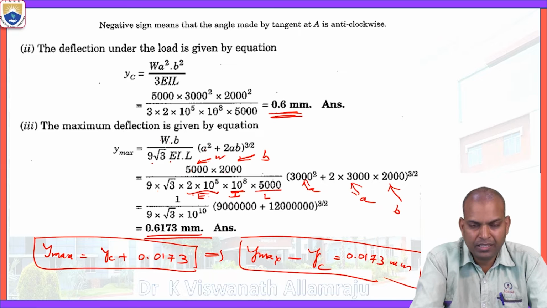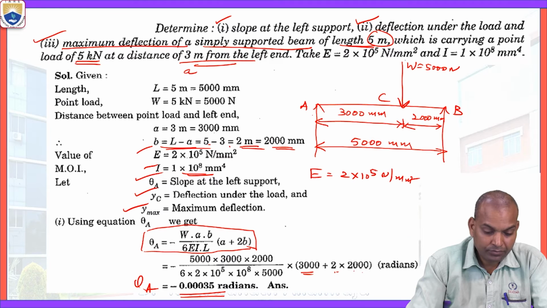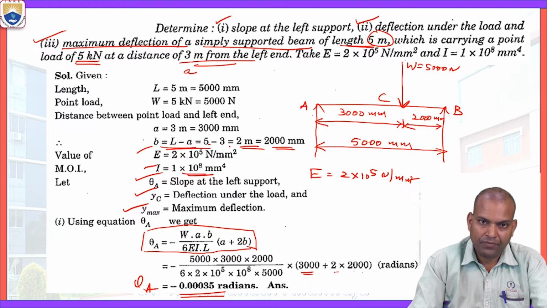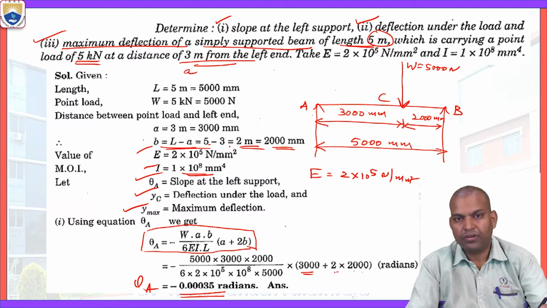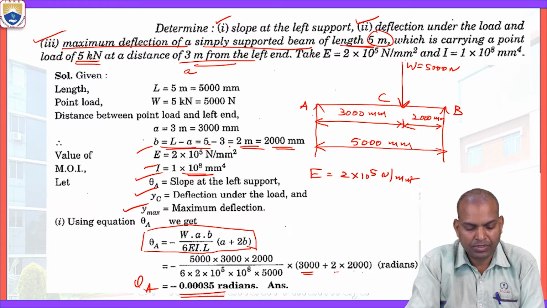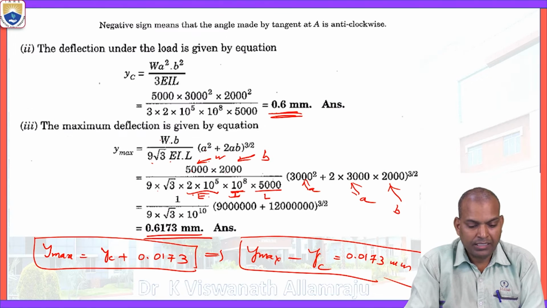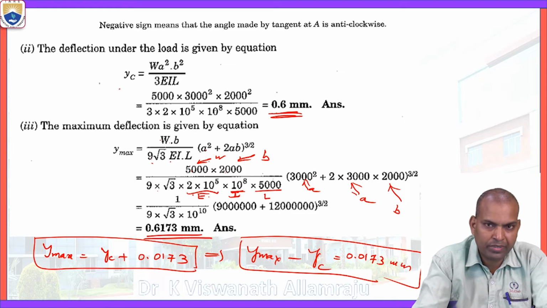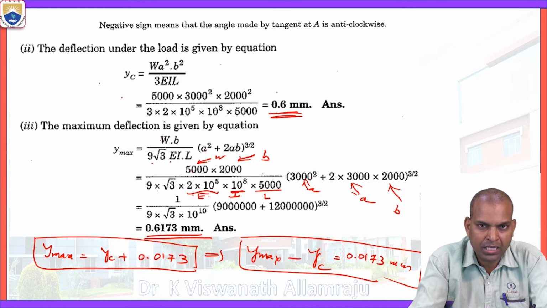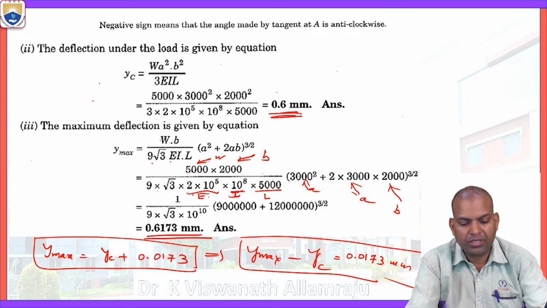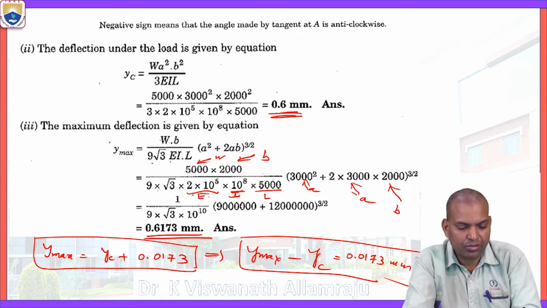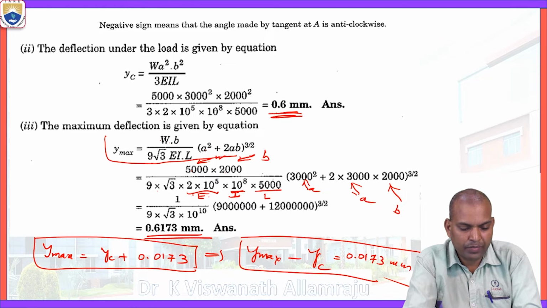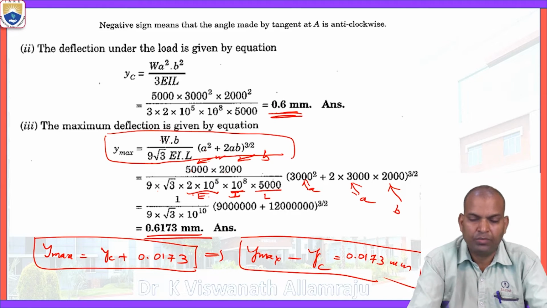The slope at the left support is negative of WAB by 6EI times L times (A plus 2B), that is theta B. The deflection under the load is YC equal to WA square B square by 3EI times L. And the maximum deflection is Y maximum equal to WB by 9 times root 3 IL times (A square plus 2AB) power 3 by 2.